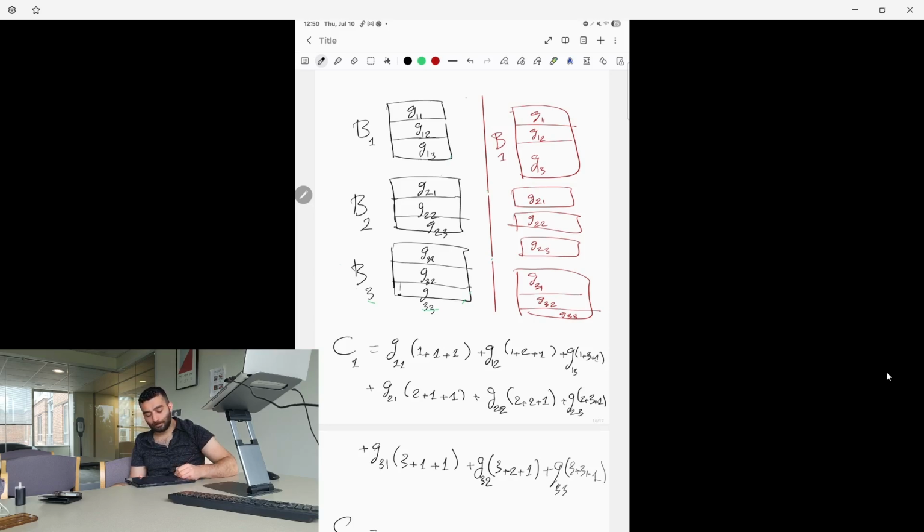After K will be, well, at K will be, what is it going to be? It will be GK1.